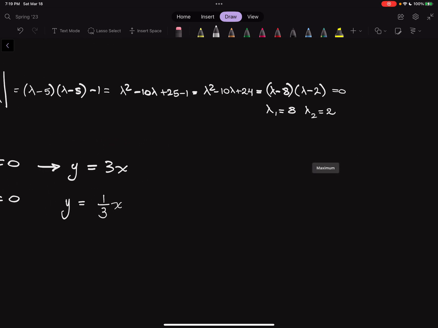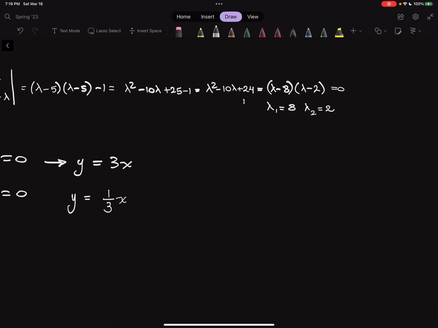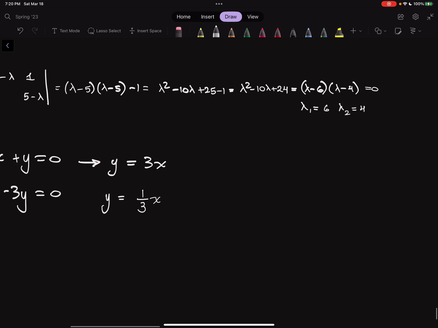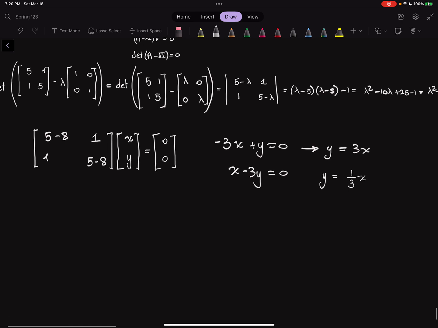right here, to get 24, you'd have to multiply 6 and 4. 8 and 2 would give us 16. So these would be 6 and 4. Now, I'll go with the first value, the value of 6.